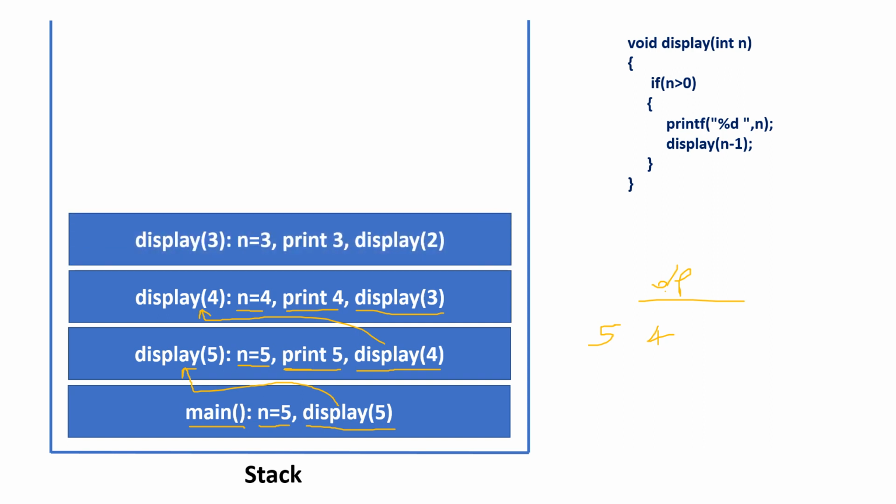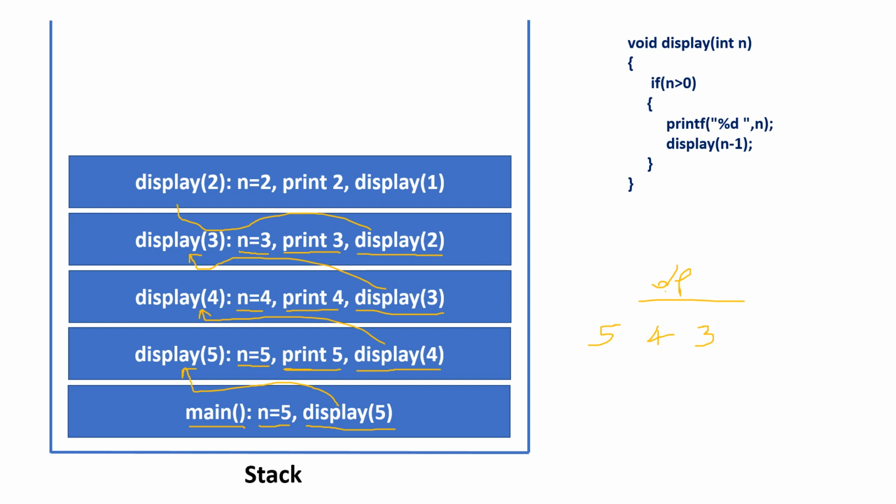Now another display function copy is created and it will be placed in the stack. A new variable n is created with value 3, and then 3 is greater than 0, then 3 is printed, we get output 5, 4, 3, and again it is calling display of 3 minus 1, that is display of 2.